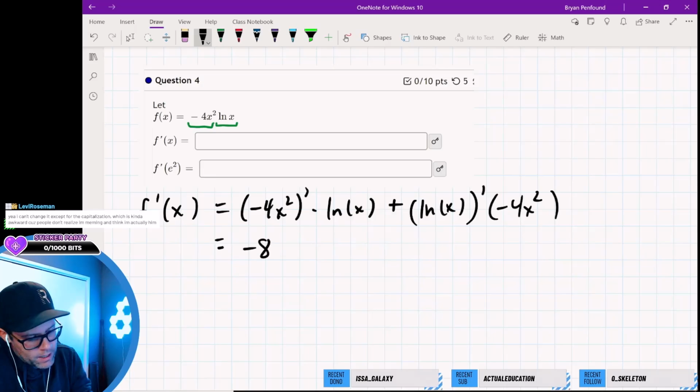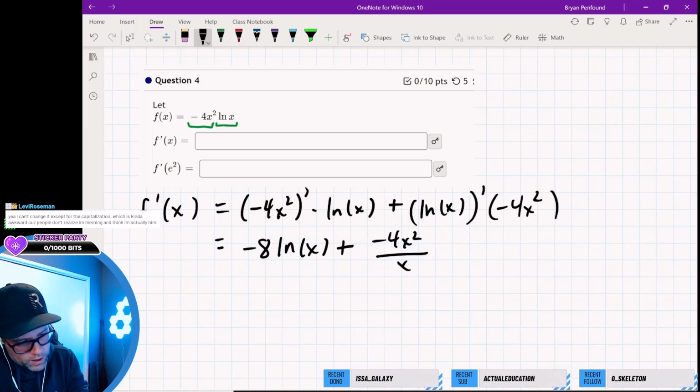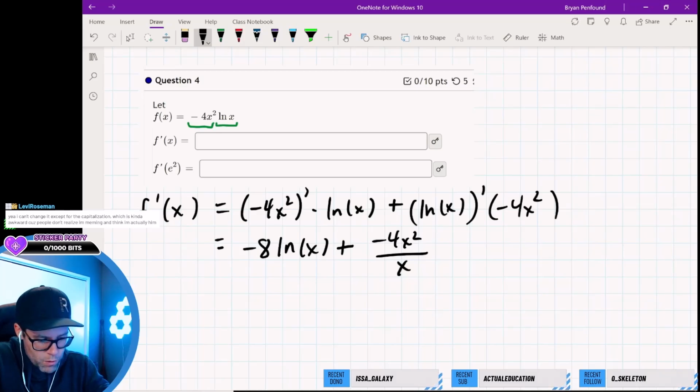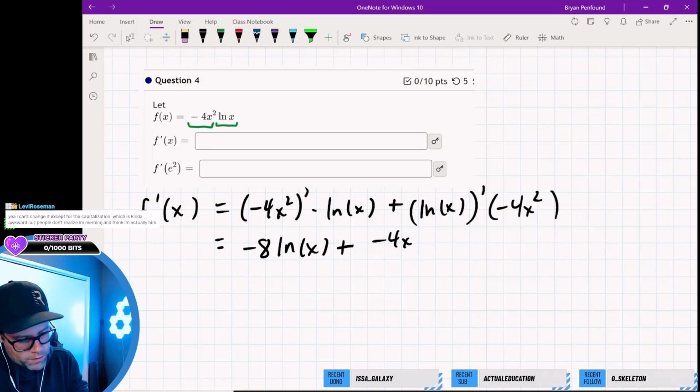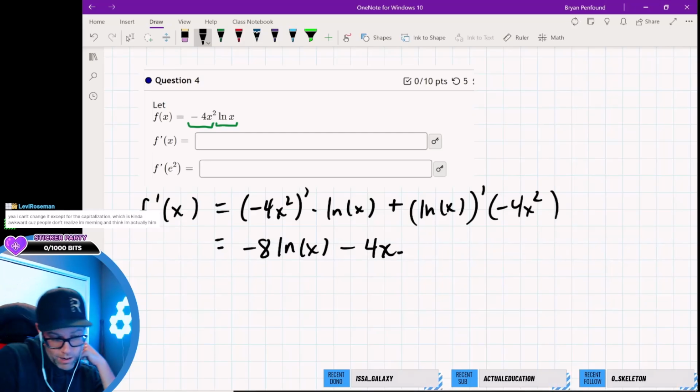So this is going to be negative 8 logarithm x plus, we're going to get negative 4x squared over x. We could simplify this. Again, I'm not super worried about x being equal to 0 because I have a logarithm here already. So I could maybe simplify this to just negative 4x, and that should probably do the trick here for part A of this question.